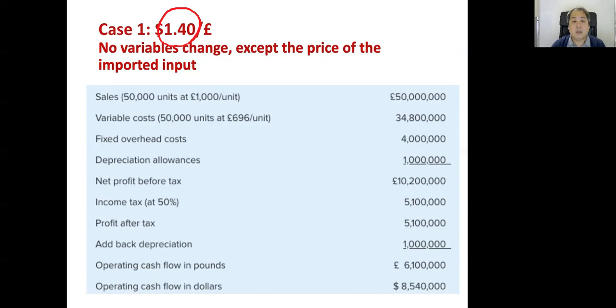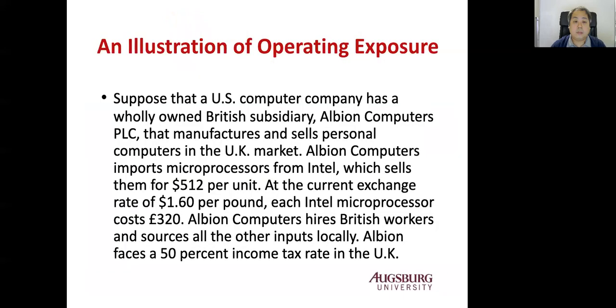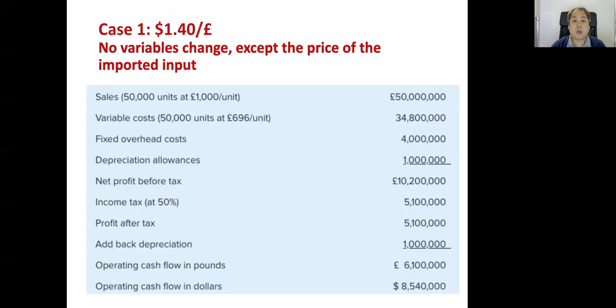Let's say you change just the value of the pound. Then we change a little bit here, because the dollar amount changes. It was 320 pounds, the cost, right? Now we have more cost actually.